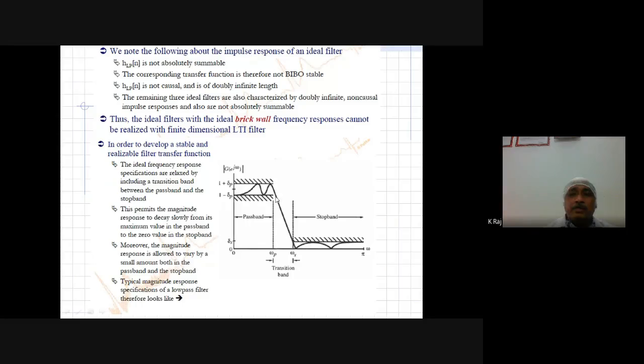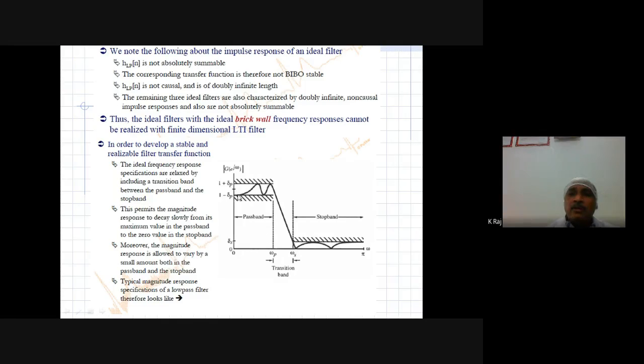Now here in the transition band, the value is attenuating towards zero. This is the range from omega p to omega s. Omega p is the pass band frequency, omega s is the stop band frequency, and omega s minus omega p becomes the transition band. And this is 0 to omega p, the pass band.